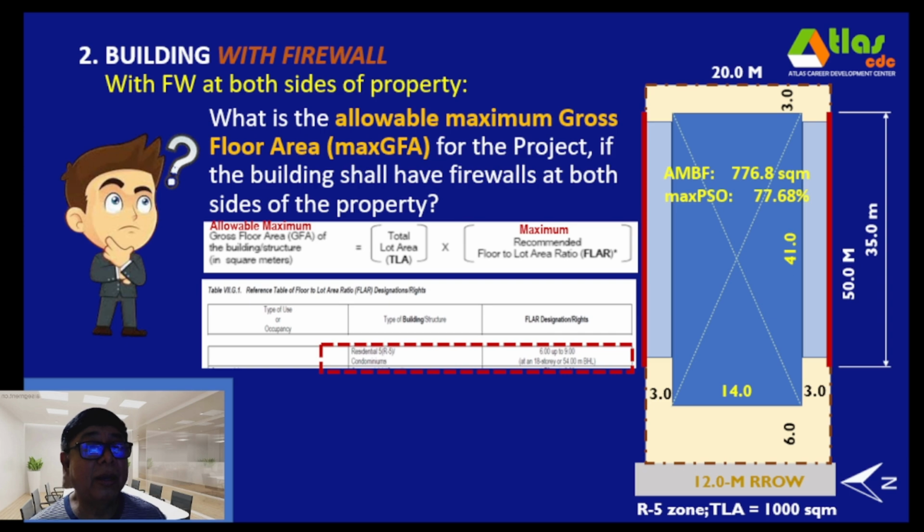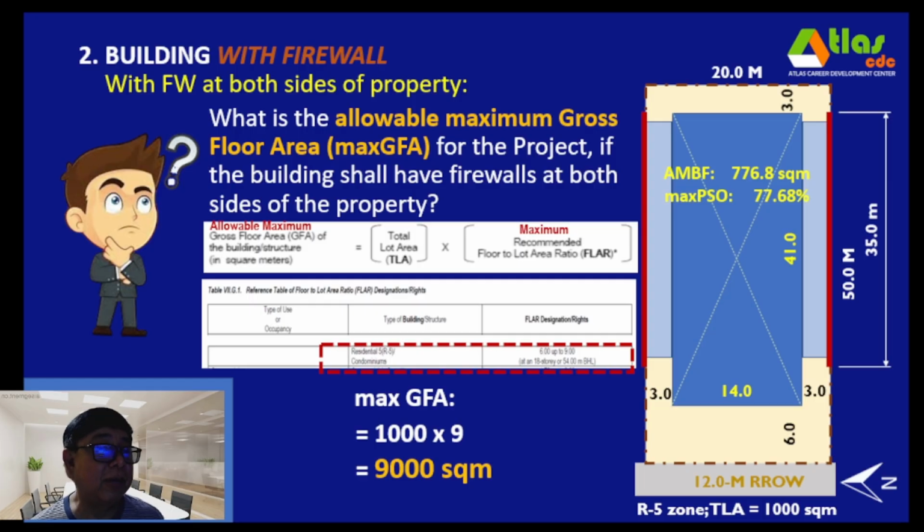And referring to table 7.G.1, again, we're going to make use of the value there of 9, the maximum, and multiply it by the TLA of 1,000 will give you 9,000 square meters. So you notice, our value of maximum GFA earlier without firewall is also 9,000 square meters. Which means our maximum GFA, whether with firewall or without, will be the same. Okay? Even if you put a firewall, it's the same.